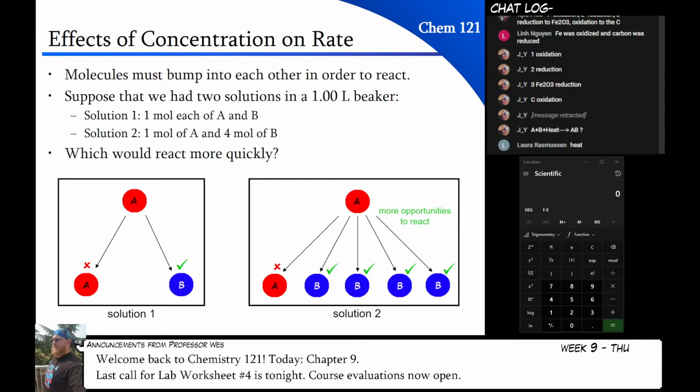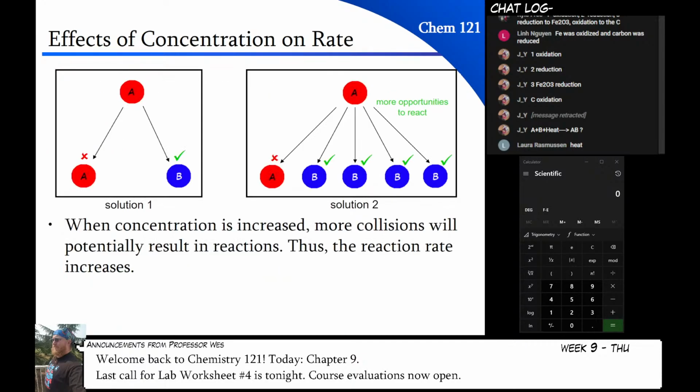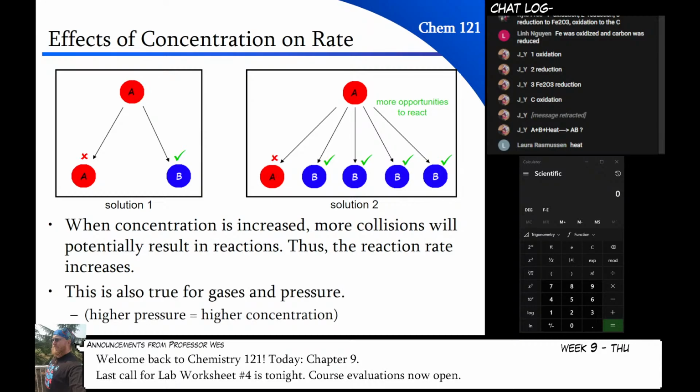So increasing the concentration increases the likelihood that I get meaningful collisions that will lead to a reaction. Now, whether this is a solution in an aqueous phase or it's in the gas phase, doesn't matter. It all operates by the same principle. The more collisions that you have that can potentially cause a reaction, the faster the reaction goes. All right, I don't have a video for that one, but that's okay.